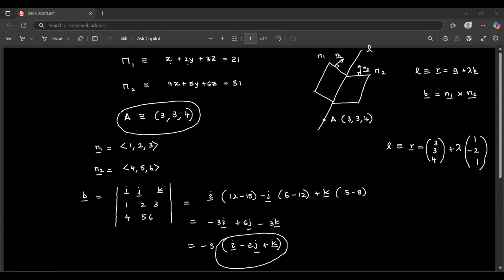Method 1 can be applied if a point on the line is given. They may say it's a point on the line, or they may say A is a point on both planes. They may even say that point A lies on both planes, which means the point lies on the given line.